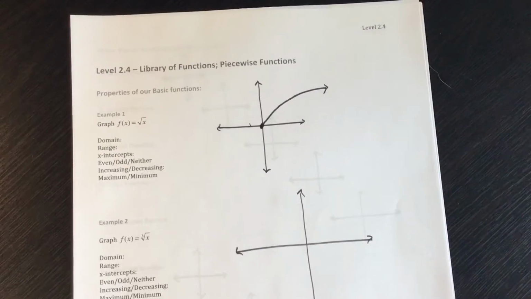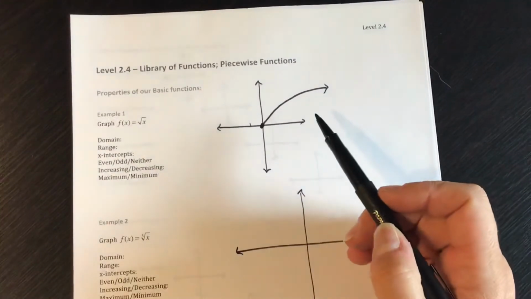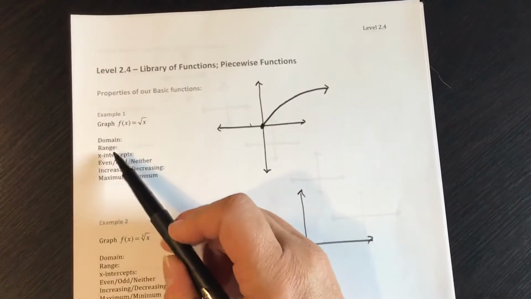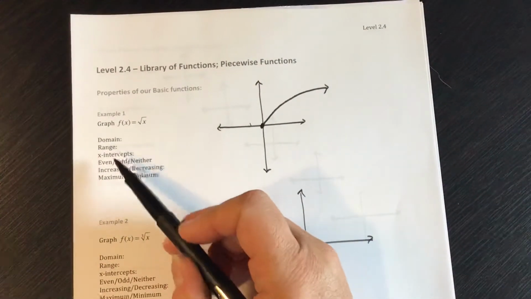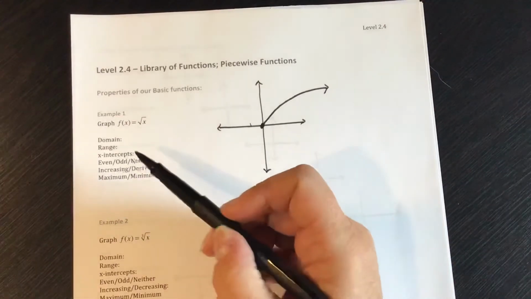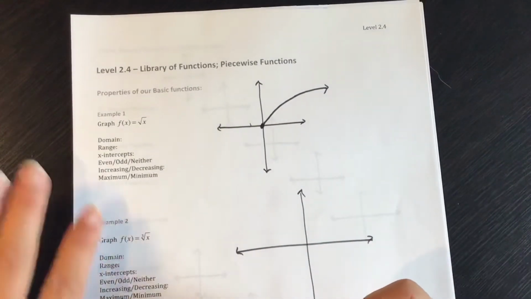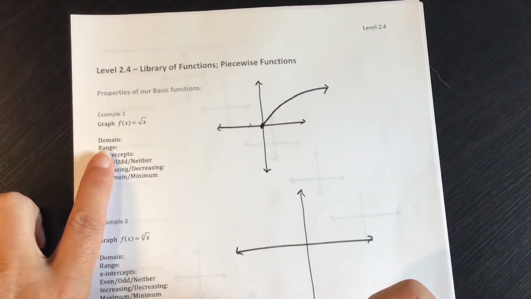So looking at this shape for this square root function, we're going to look at different things that we've talked about over the last few lessons and describe all of these things in regards to this function. So first of all, the domain.